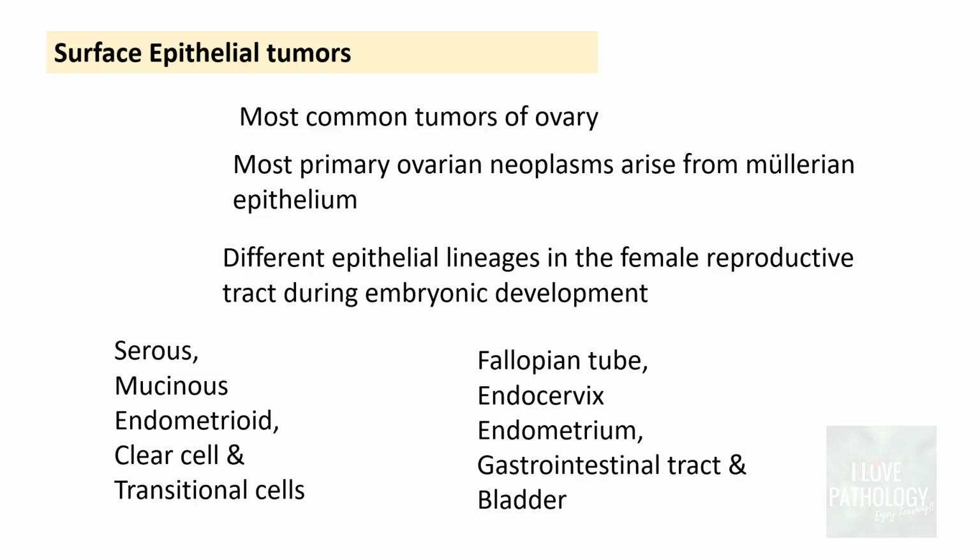Based on that, the surface epithelial tumors are categorized into serous tumors, mucinous tumors, endometrioid tumors, clear cell, and transitional cell tumors. The lining epithelium of these tumors resembles that of the fallopian tube in case of serous, endocervical epithelium in case of mucinous, endometrial type of epithelium in case of endometrioid, and gastrointestinal tract and bladder in case of clear cell and transitional cell tumors.